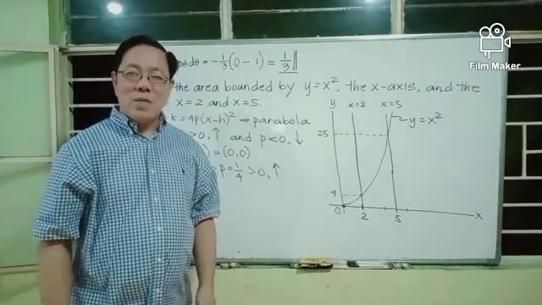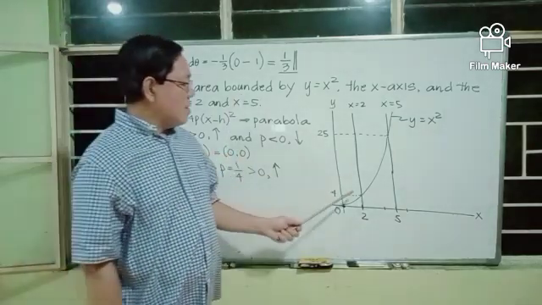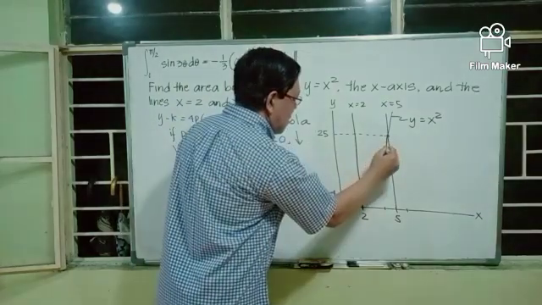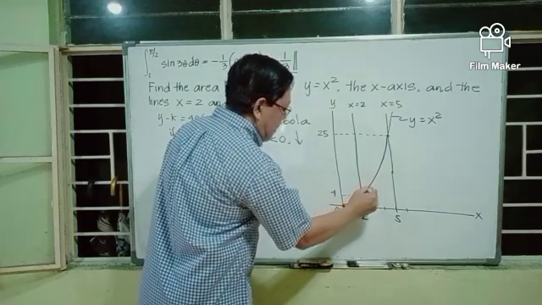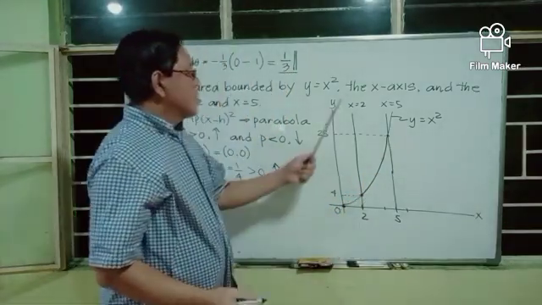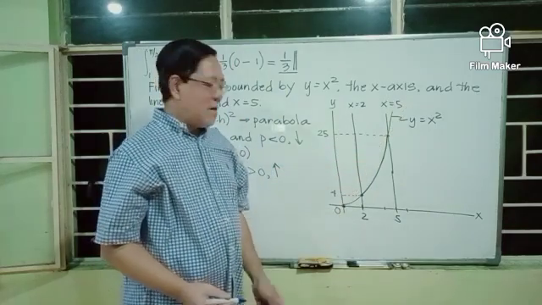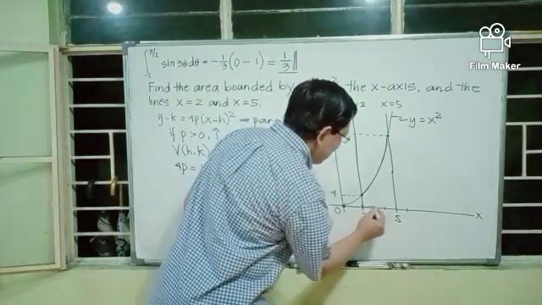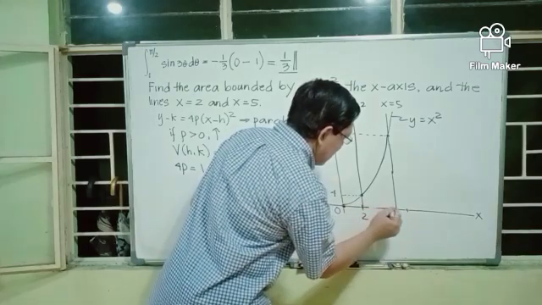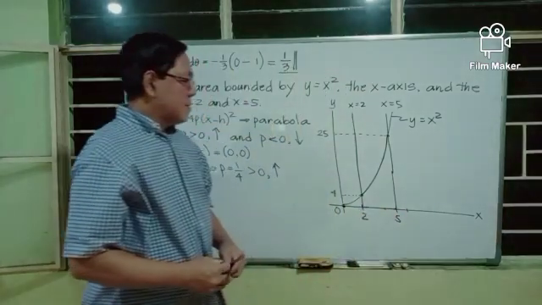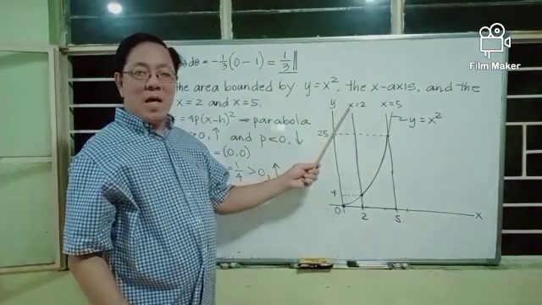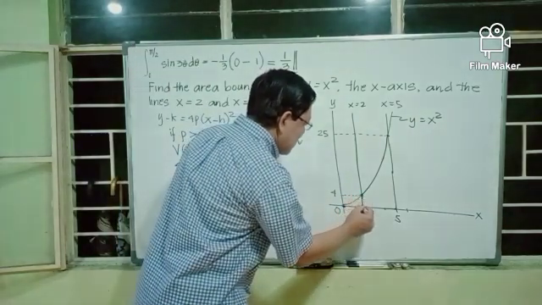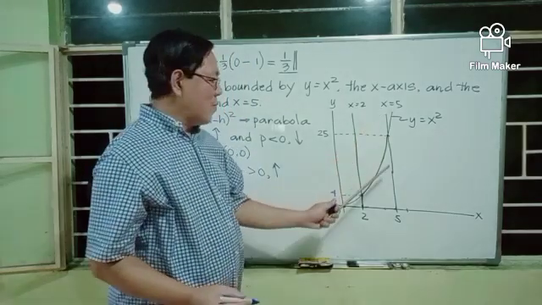Now, the area that we want to find is bounded by this part of the parabola, the x-axis (not the entire x-axis, it is this part of the positive x-axis), part of the line x equals 2, and part of the line x equals 5.